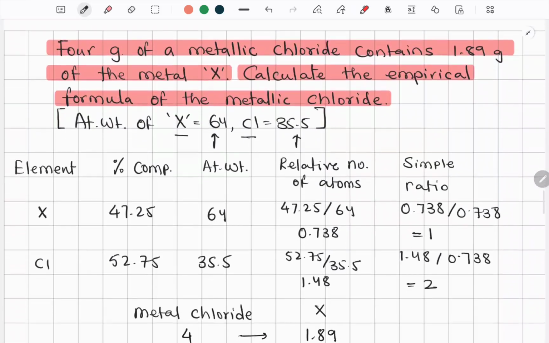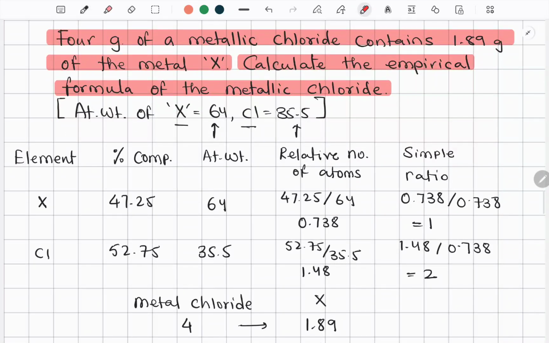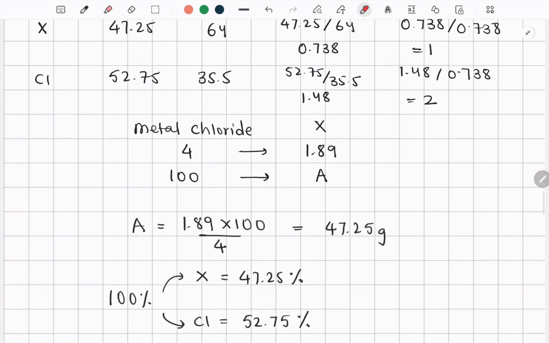Let's go through this question once again and see how we calculated the empirical formula. The metal X and chlorine with 35.5 were given. First we made the table and added the metal and chlorine and their atomic weights, but the percentage composition was not given.